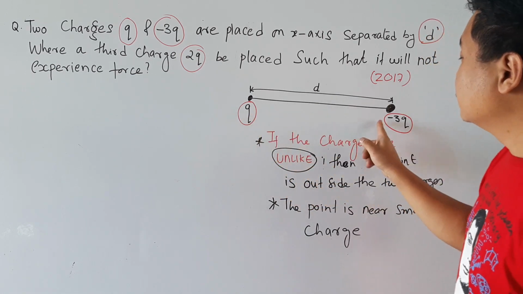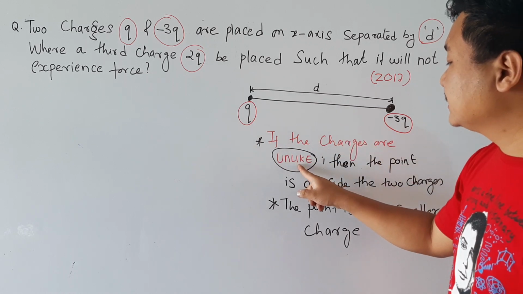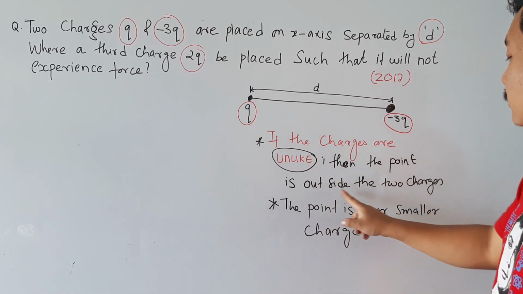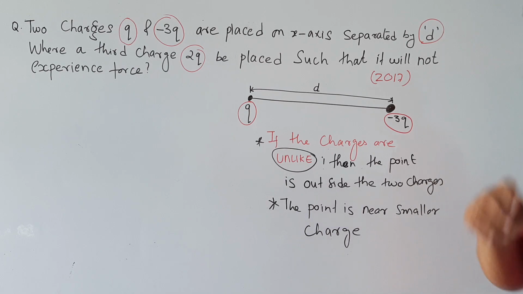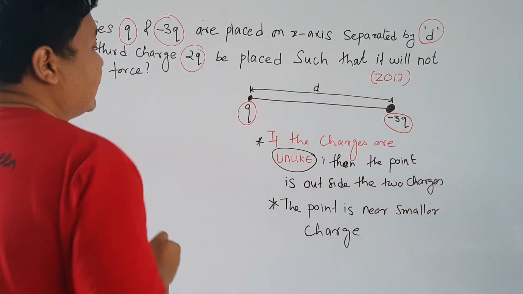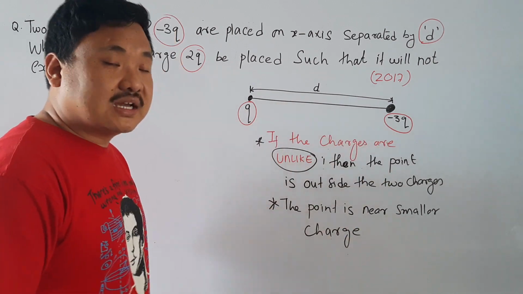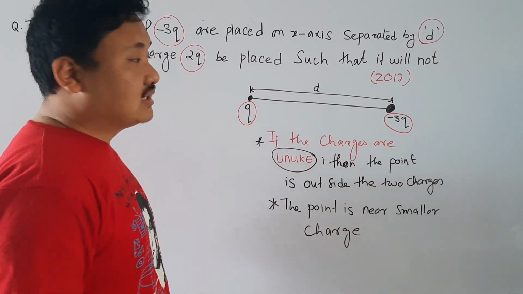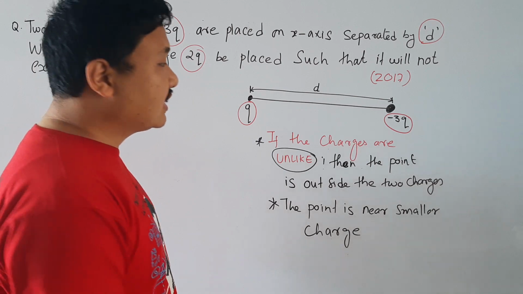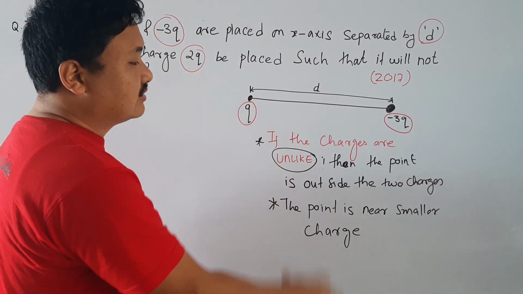Since these are opposite or unlike charges, the point is outside the two charges. In the next question I will tell what happens if the charges are like charges, either positive or negative. First, let us do this.